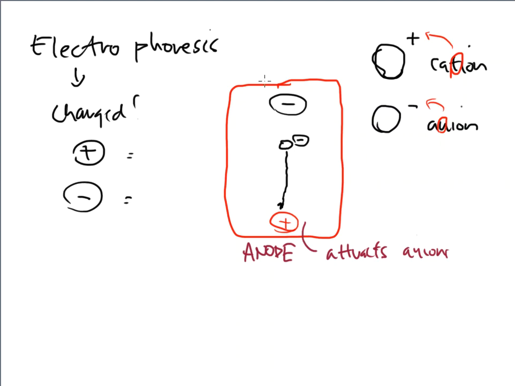And then up here at the top, we also have formal names for this as well. So this negative area, well, okay, that can attract cations, right? If cations are positive, then those positives are going to see that negative electrode up at the top. And that negative electrode is going to be like, hey, cations, come on down.